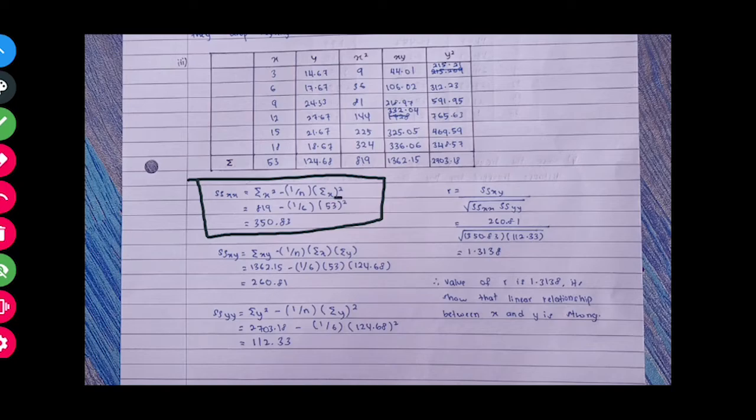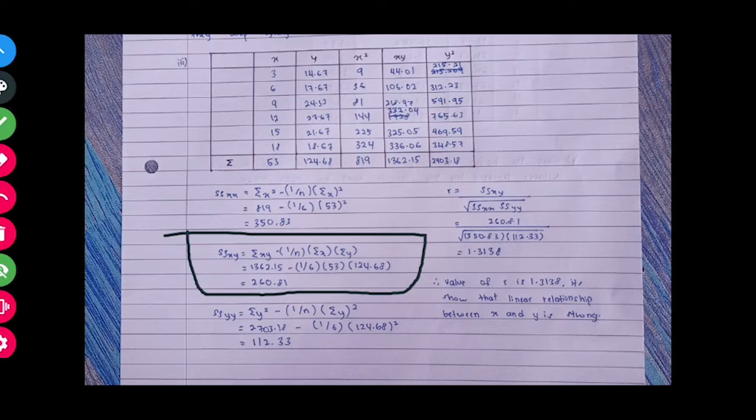So take the data in the table given and find the value. Okay, after that, for the SSxy, use the formula. It means the sum of xy minus 1 over n multiplied by sum x and sum y.